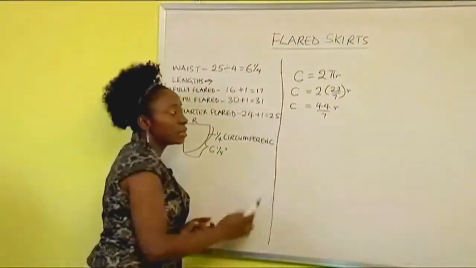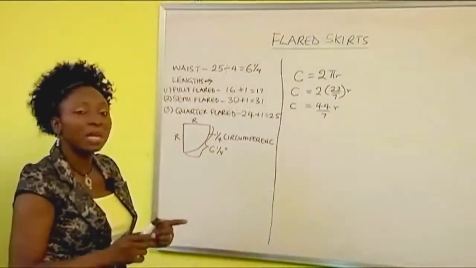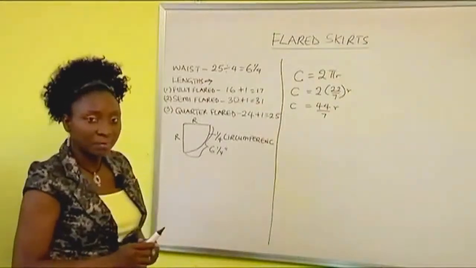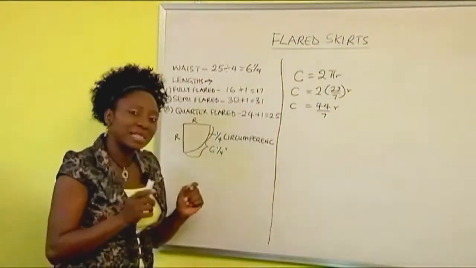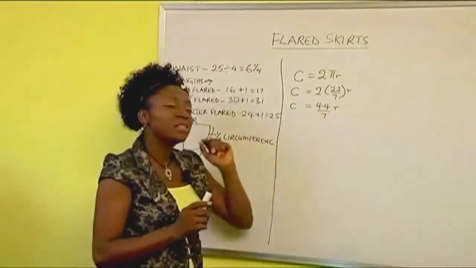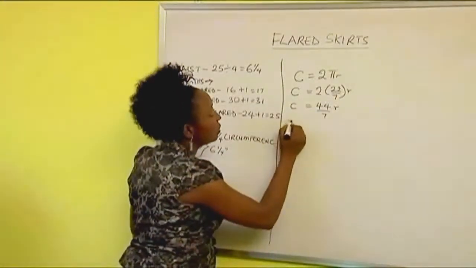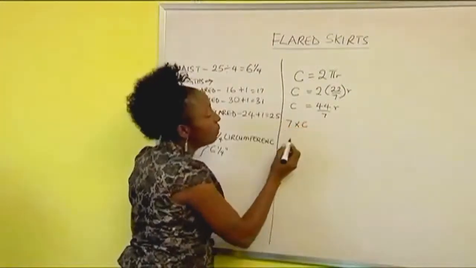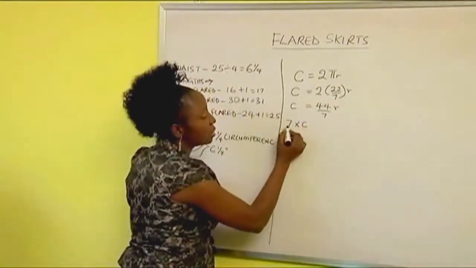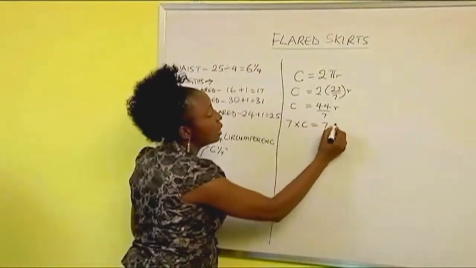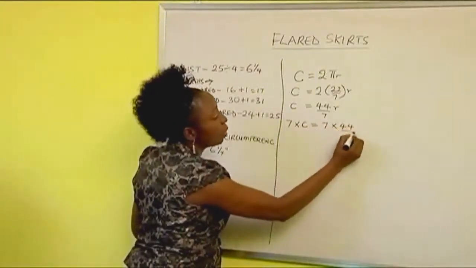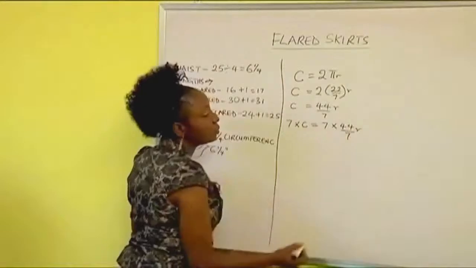Now, after I've done this, what I'm going to do is multiply both sides by 7, because I'm trying to see how I'm going to make r the subject of the formula. So I'll just take my 7, I multiply by C. I multiply C with 7, and that will give me 7 times 44/7r.